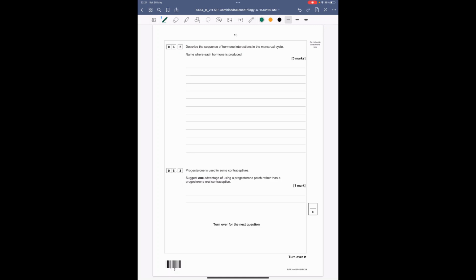So first of all then, the first hormone that is involved in the menstrual cycle is FSH. So number 1, FSH is made in the pituitary gland at the base of the brain. Okay, it travels in the blood to the ovaries.